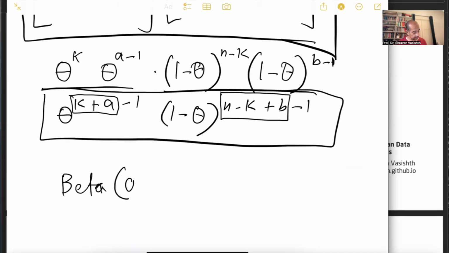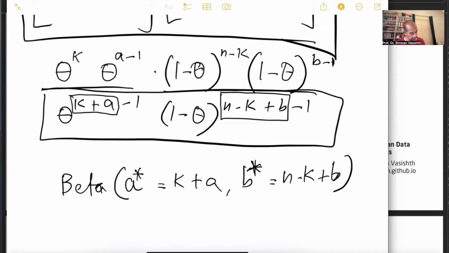I'll call them A star to distinguish it from A. A star is going to be k plus a, and B star, the new b parameter after we've seen the data, is n minus k plus b, okay? So what's going on here? Intuitively, it should be clear that having seen the data, we are updating the a and b parameters to represent our updated belief about the theta parameter. And that belief will be represented as a posterior distribution, right?